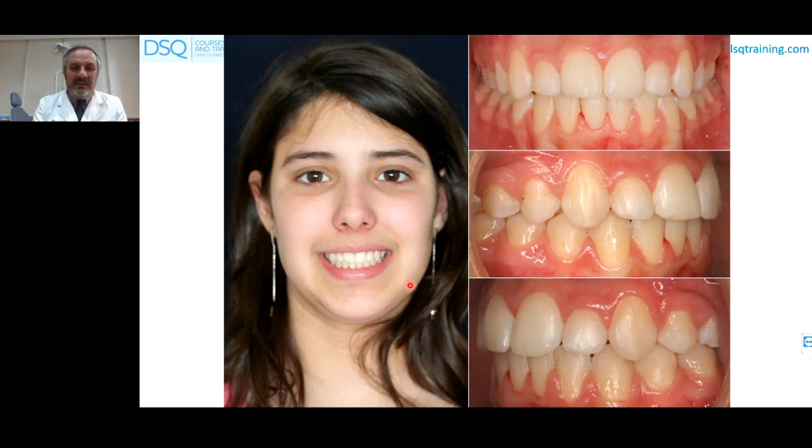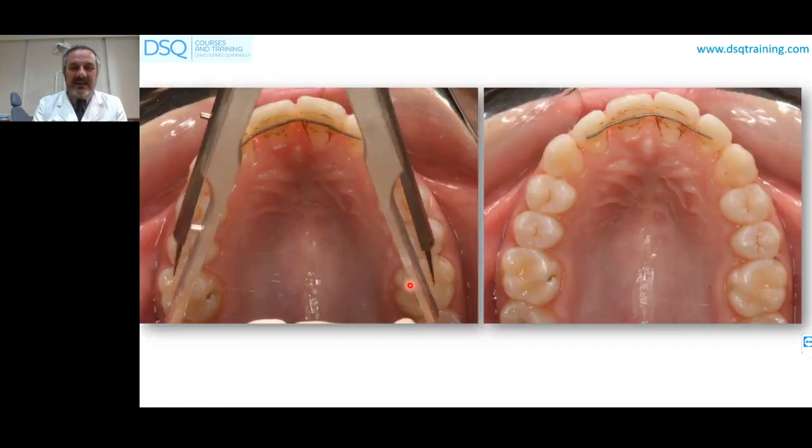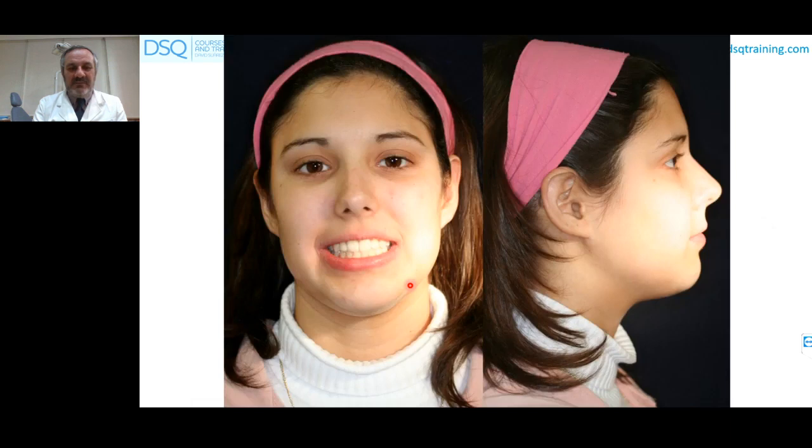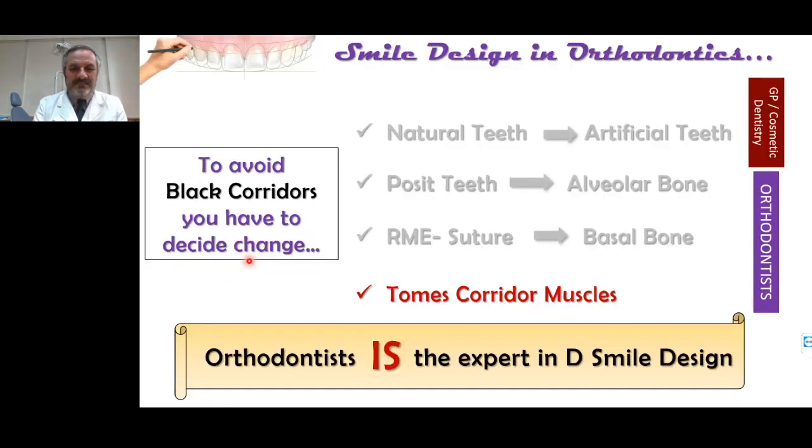You can see the nice expansion and the patient years after the treatment. You can see the profile of the patient, the nice smile of the patient.